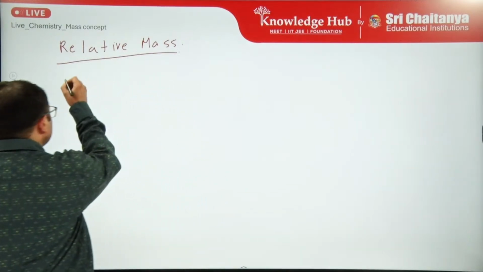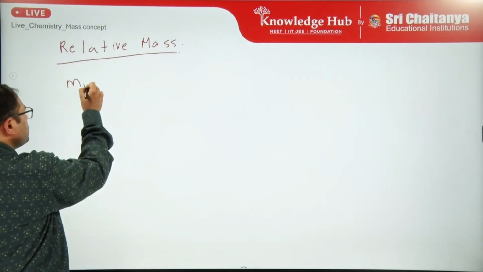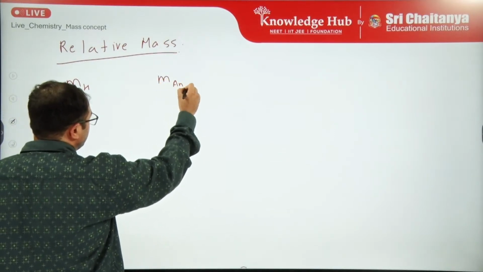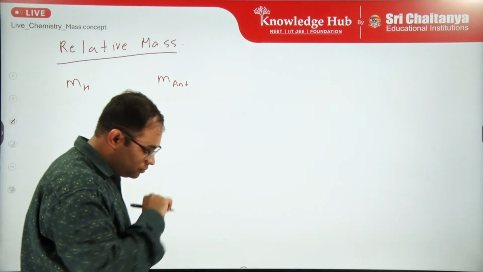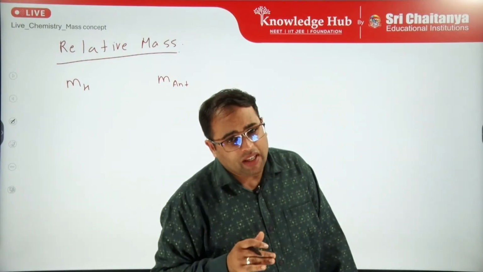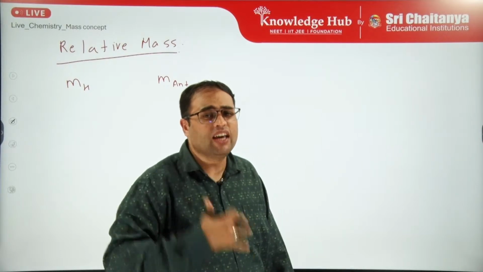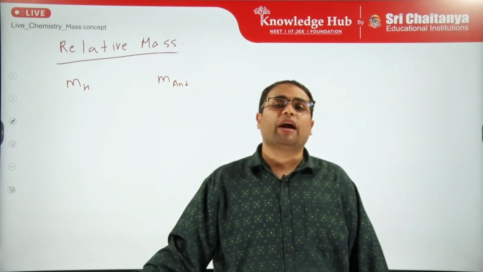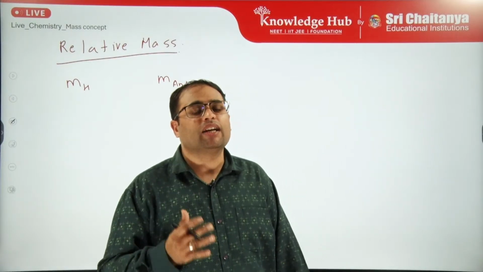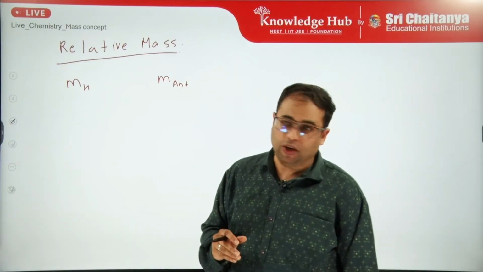Suppose this is my mass, mass of a human being, and this is the mass of an ant. If I want to ask you, tell me how much heavier I am as compared to the mass of an ant, how will you tell me in terms of mathematics, in terms of a value?